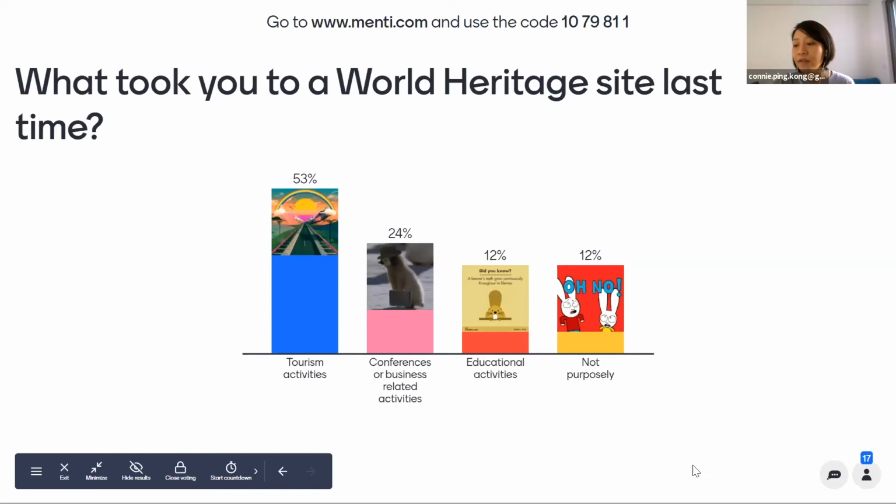ensembles with special values, and they represent outstanding examples of human history. And also they are associated closely with events, living traditions, ideas, beliefs, artistic and literary works. This is only from the culture part.